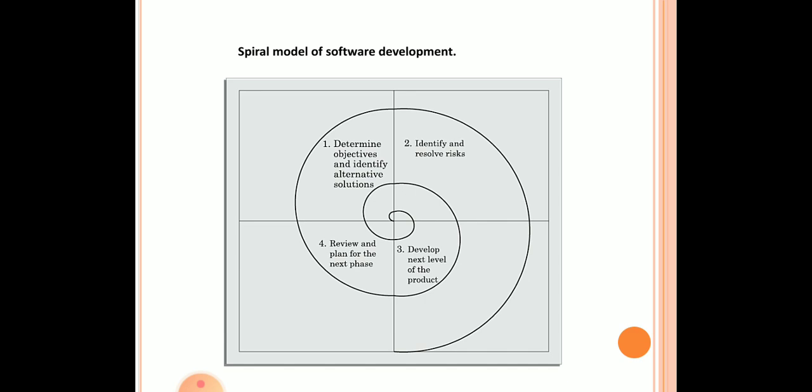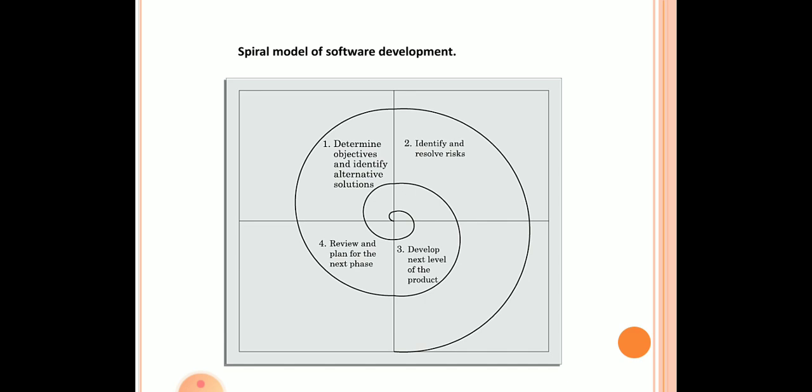The objectives are investigated, elaborated, and analyzed. Based on the identification, elaboration and analysis of the objectives of the product, the risk involved in meeting the phase objectives is identified. So in the first phase itself, we identify the core features of the software, implement or elaborate these features and analyze them, as well as analyze the risk involved at that point.